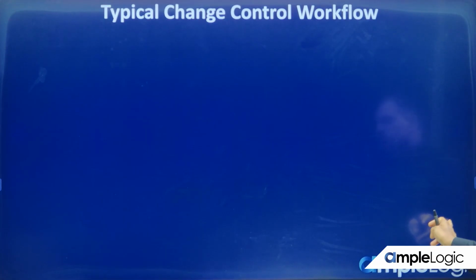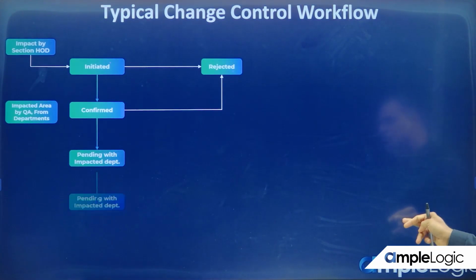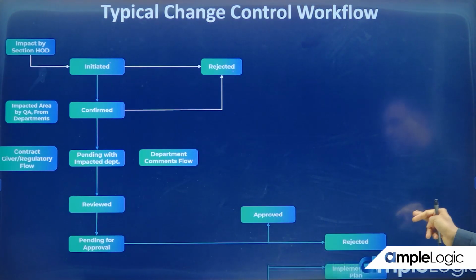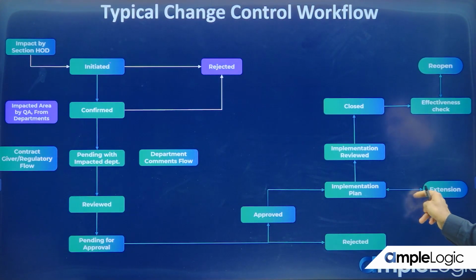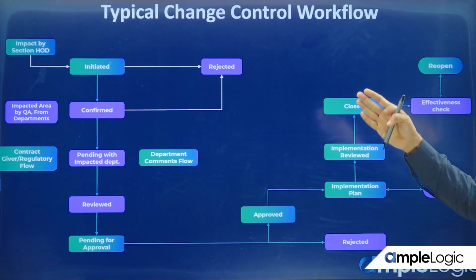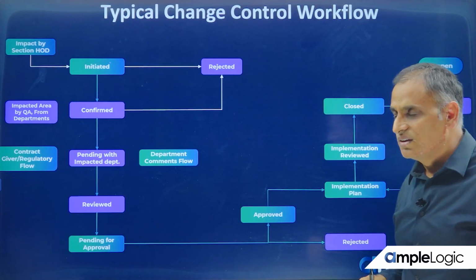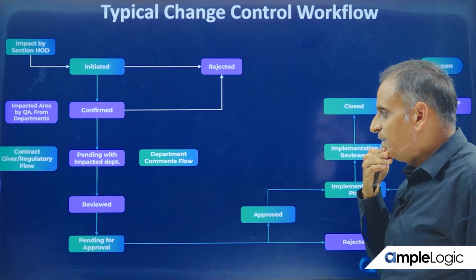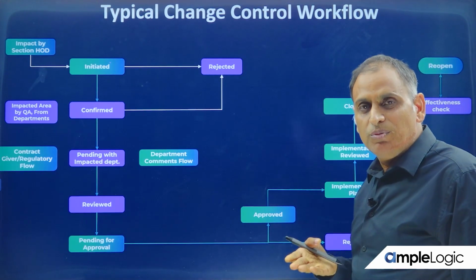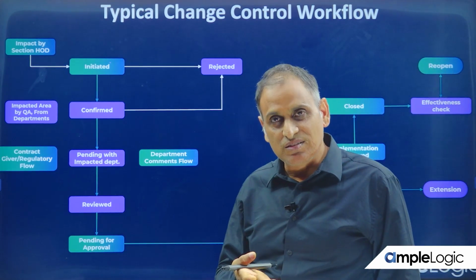So next, the same applies to the typical change control also. With AI, we can minimize certain tasks. I can minimize the highlighted ones, so you can minimize the rejections, and you can minimize the impacted areas.